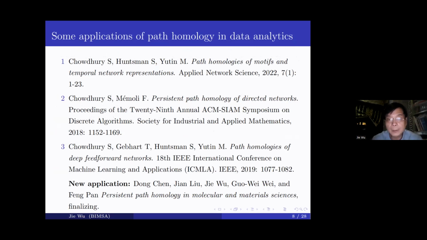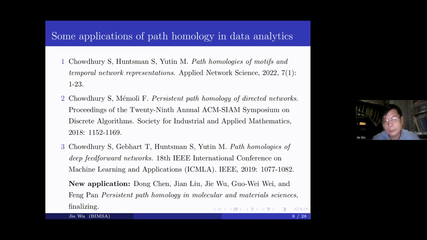Now, there are a lot of interesting applications. I think nowadays, quite recently, there's some nice application. People pay attention to path homology and give some applications. And I mention that our group also gives applications.